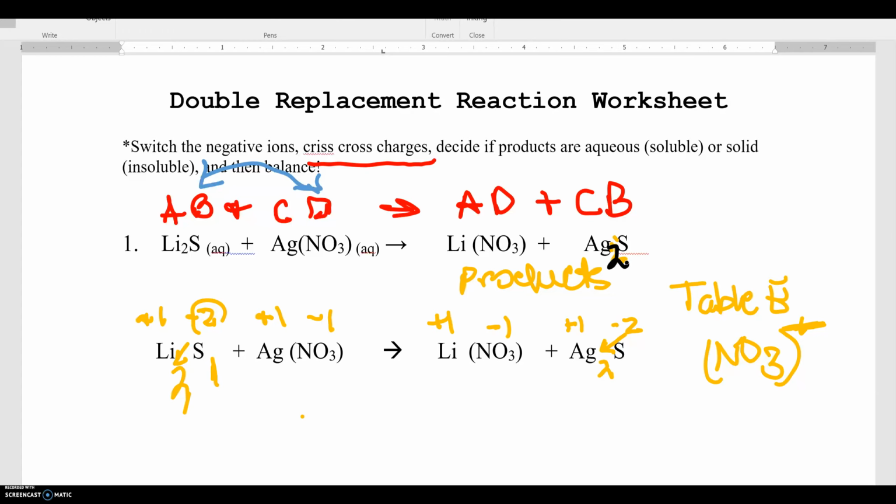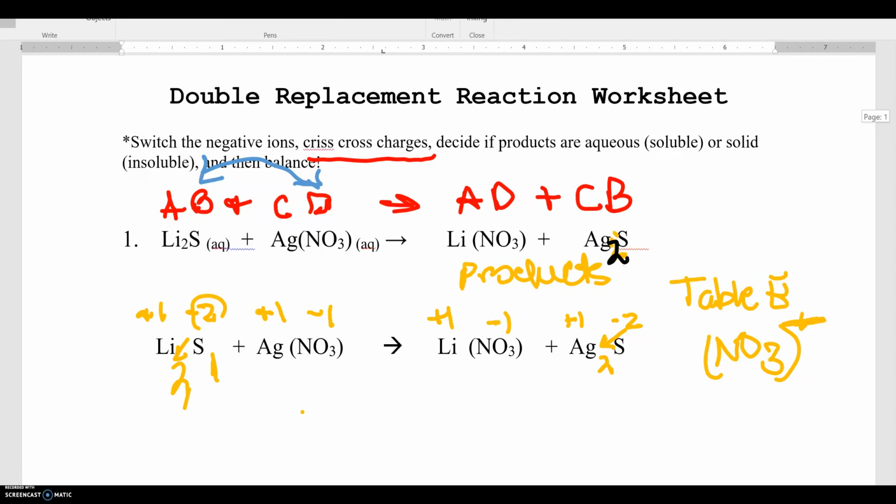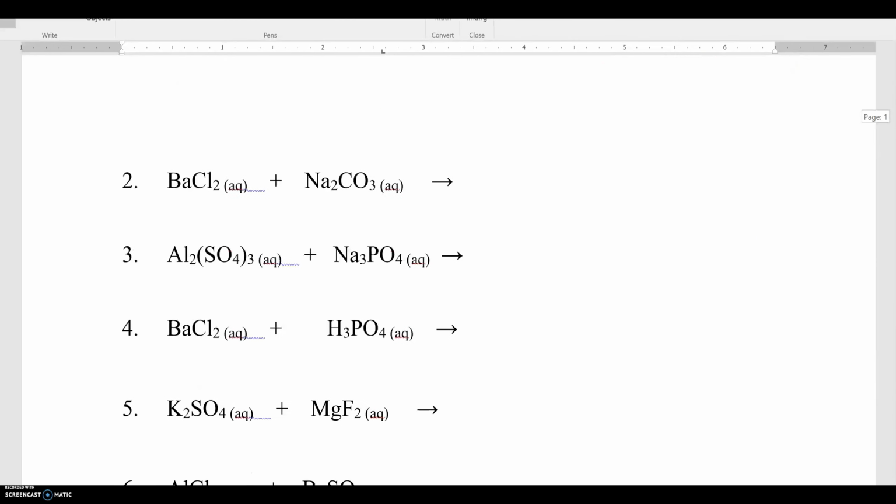Okay, so that's the crisscross rule. And in the worksheet for each one, you were to write the final product.